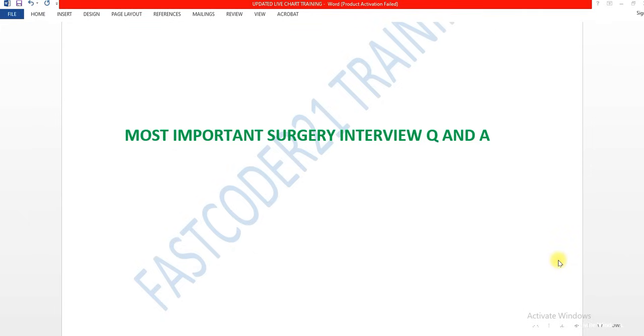Whenever you want to code bunionectomy, there are a few things you need to remember. First is the location of the osteotomy, whether the osteotomy is performed on the proximal side or the distal side. Based on the location of the osteotomy, you code the bunionectomy procedure. That is the guideline.